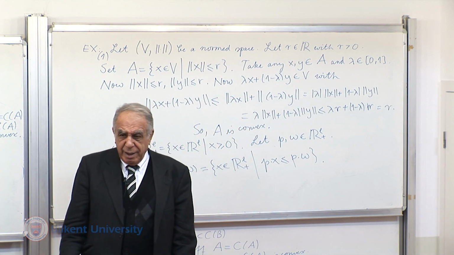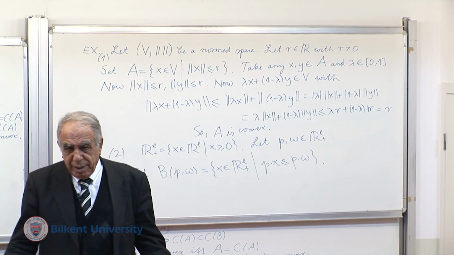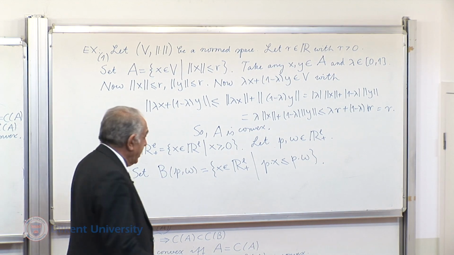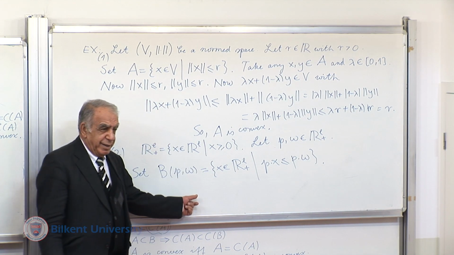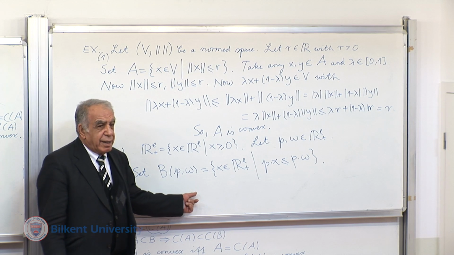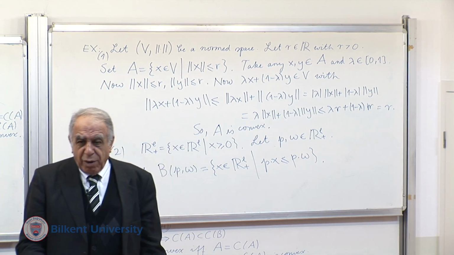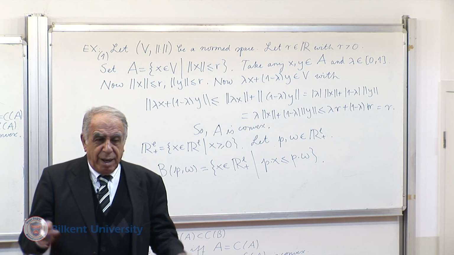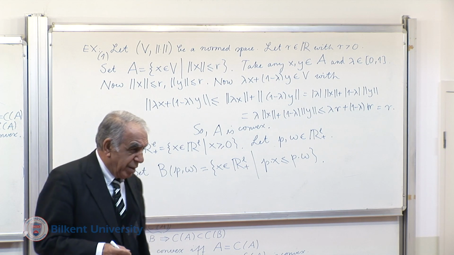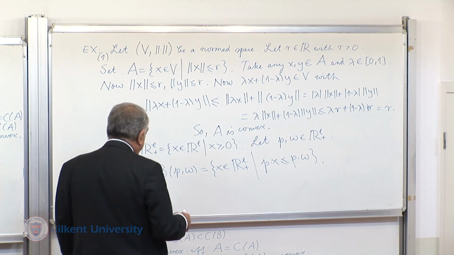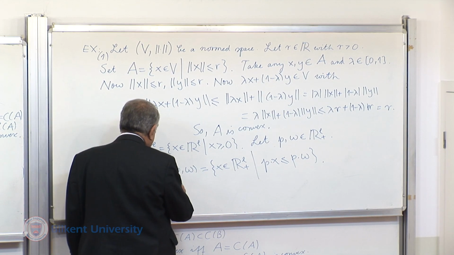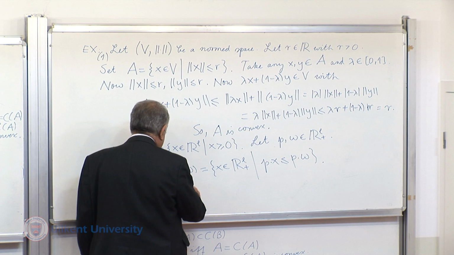What's this set? It's the budget set. And that's convex. The convexity of the budget set actually enters almost all theorems in general equilibrium theory. Now check that, I will leave it to you, it's clear.